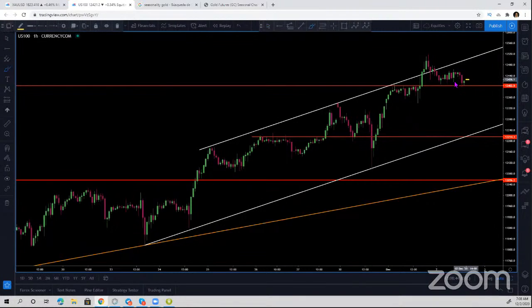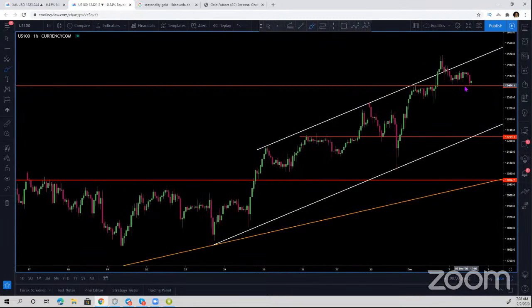And if price holds this level, I will be looking for a quick day trade, just because I do believe that this move is a little bit overextended. But again, no one knows what's going to happen with equities, and price might just continue and rally from that level.